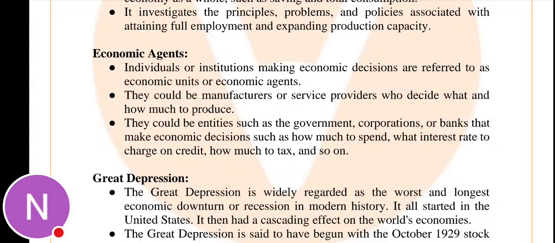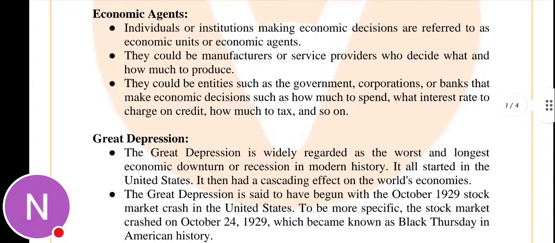There may be a manufacturer or service provider who decides what and how much to produce, or entities like the government, corporates and banks that make economic decisions such as how much to spend, what the interest rate on loans or credit charges should be, and how much tax to take. These come under economic agents.